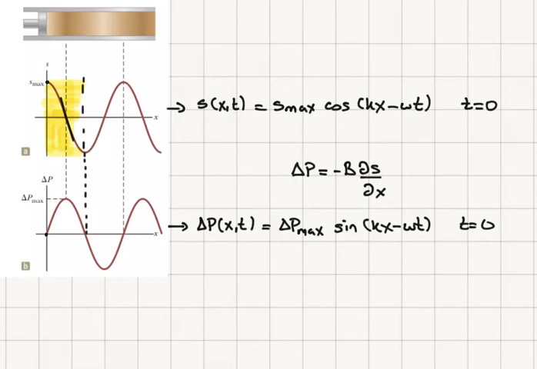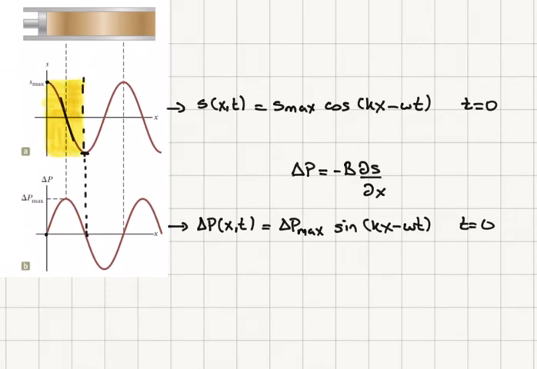Therefore, the change in pressure has to be positive. Now you can see that when I'm at an extremum point here, del S del X is 0, the corresponding pressure is 0.